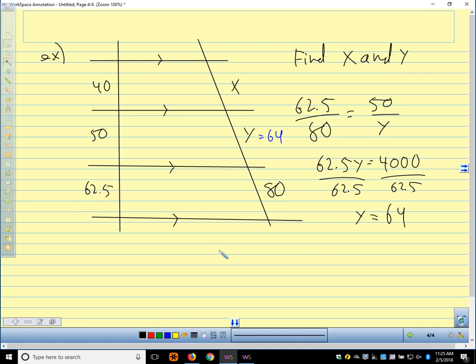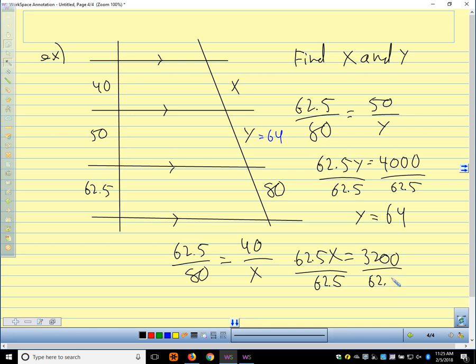That same ratio, 62.5 over 80, has to be the same as the ratio of these two sides. So that's going to be 40 over x. So 62.5 x equals 40 times 80, which is 3,200. And divide by 62.5. So x equals 51, in this case 51.2.